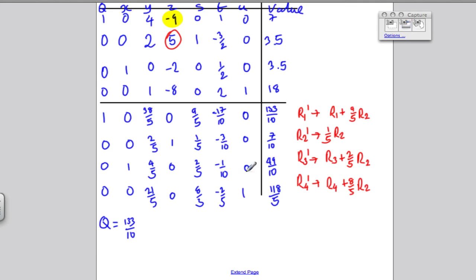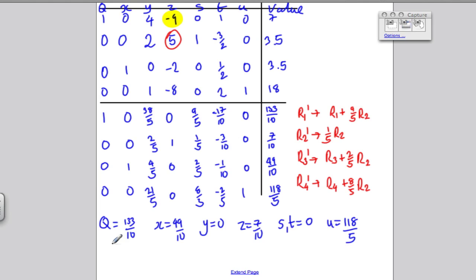It's telling us that X is equal to 49 over 10. Y, well, it doesn't have a 1 and all zeros, so Y is equal to 0. Z is equal to 7 over 10. S and T are both equal to 0. And U is equal to 118 over 5.